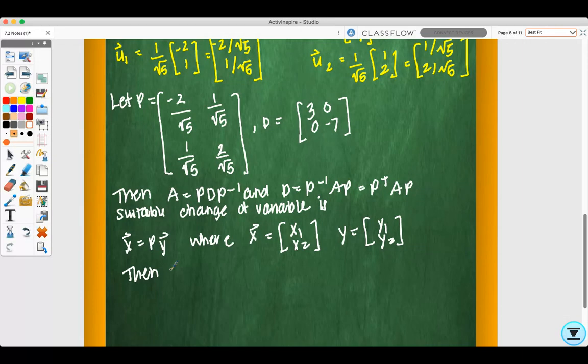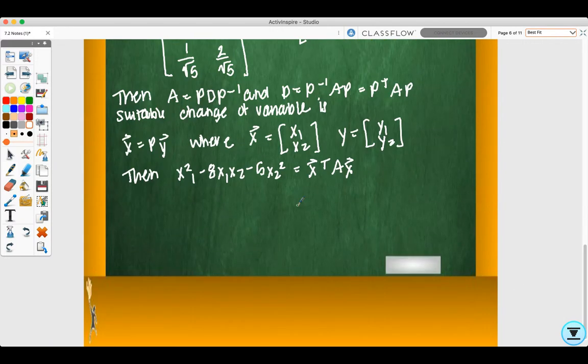Then x1 squared minus 8x1x2 minus 5x2 squared equals x transpose A x, and x is the same as Py, so (Py) transpose A (Py).